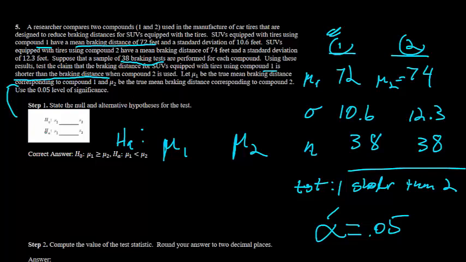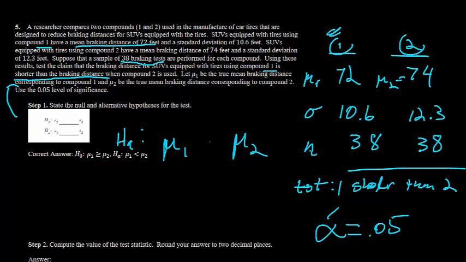We want to know that number 1 is better than number 2. And we're talking about braking, right? So this should stop shorter. It's important that 72 is less than 74 because on the surface at least it's stopping shorter. But it's not an unequal sign. That's not what we're trying to prove here.